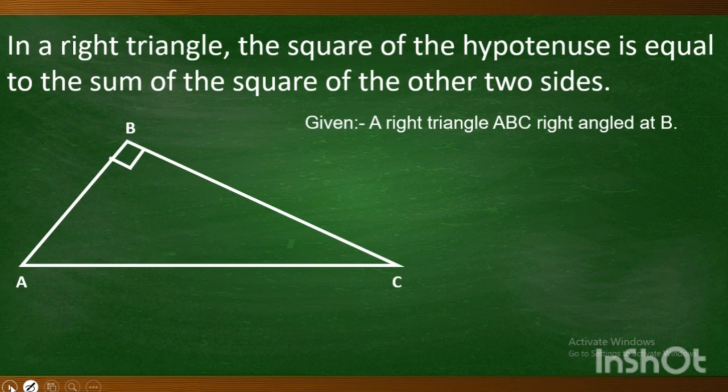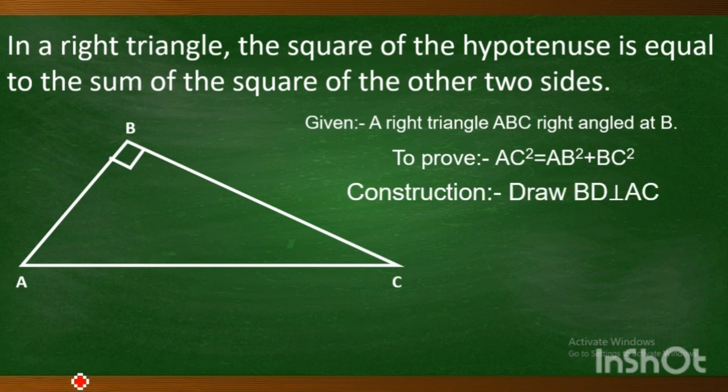So given a right triangle ABC right angled at B, we have to prove that the hypotenuse squared, AC square, is equal to the sum of the squares of the other two sides. What are the other two sides? AB and BC.